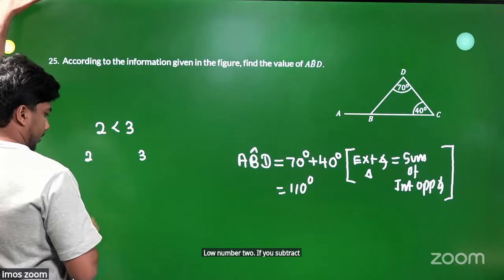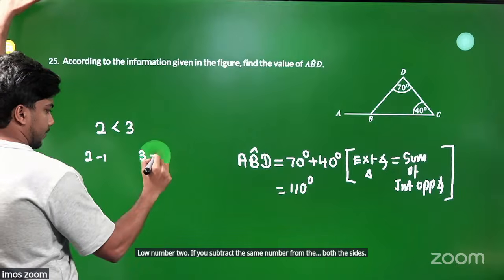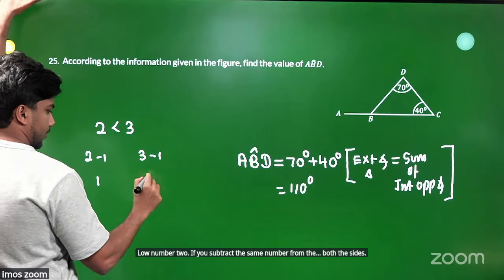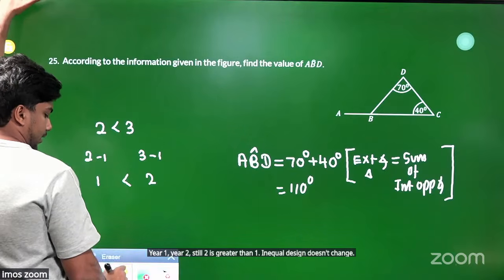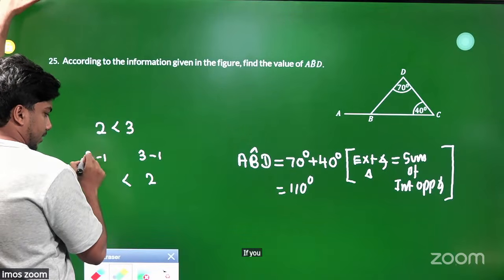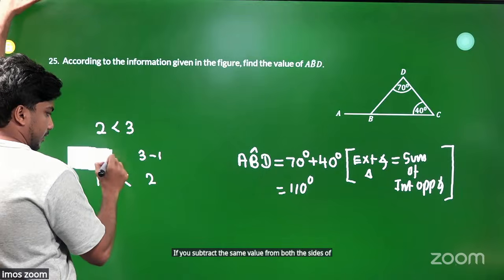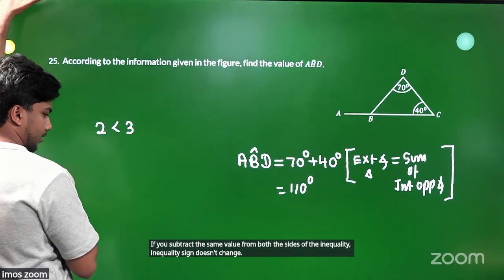Law number 2. If you subtract the same number from both sides, here 1, here 2, still 2 is greater than 1. The inequality sign doesn't change. If you subtract the same value from both sides of the inequality, the sign doesn't change.